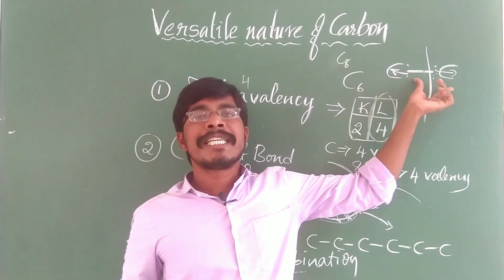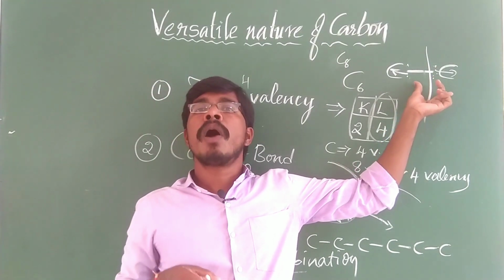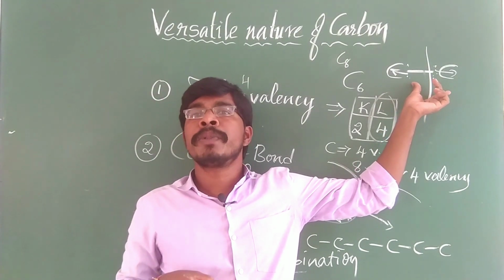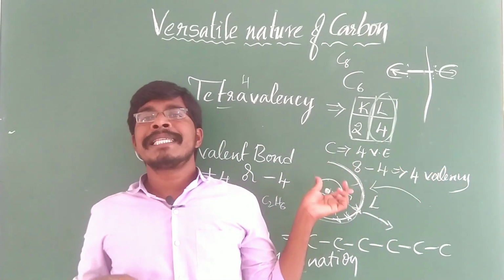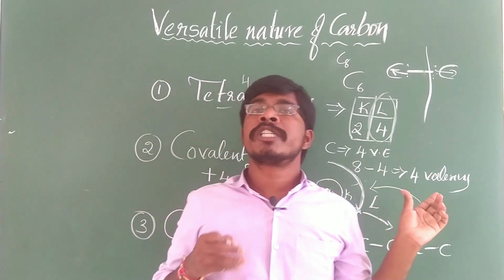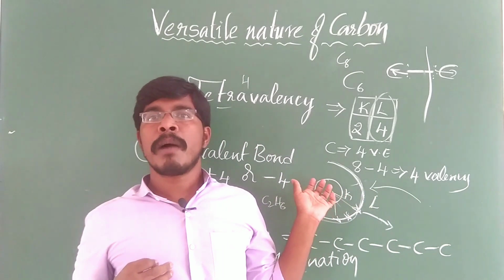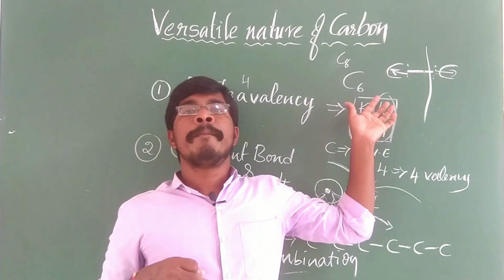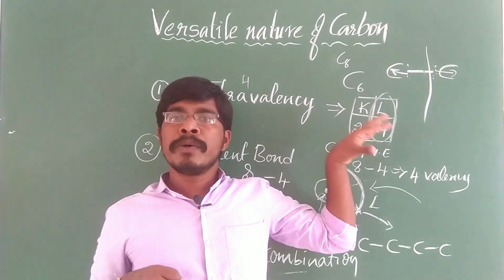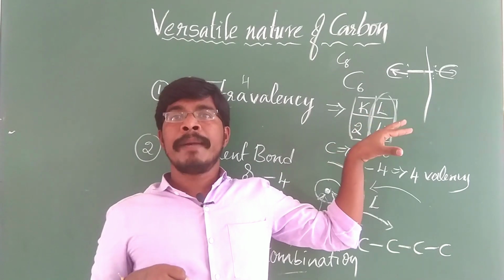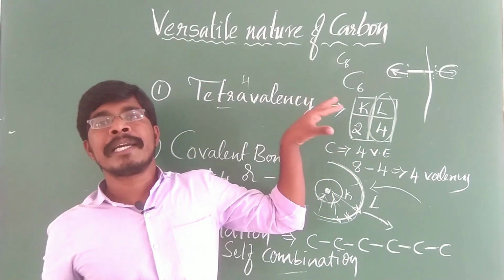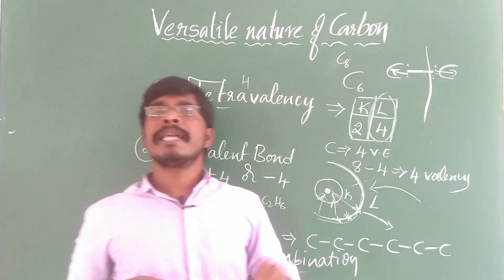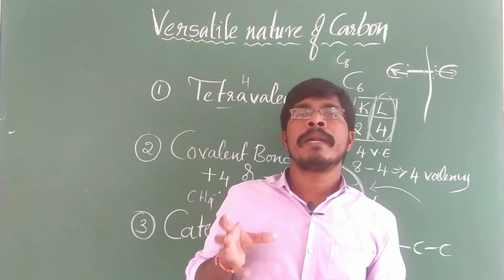So the bond formed here is a strong covalent bond. Due to that, these carbon compounds are most stable, because they are formed by covalent bonds, by sharing electrons between them.